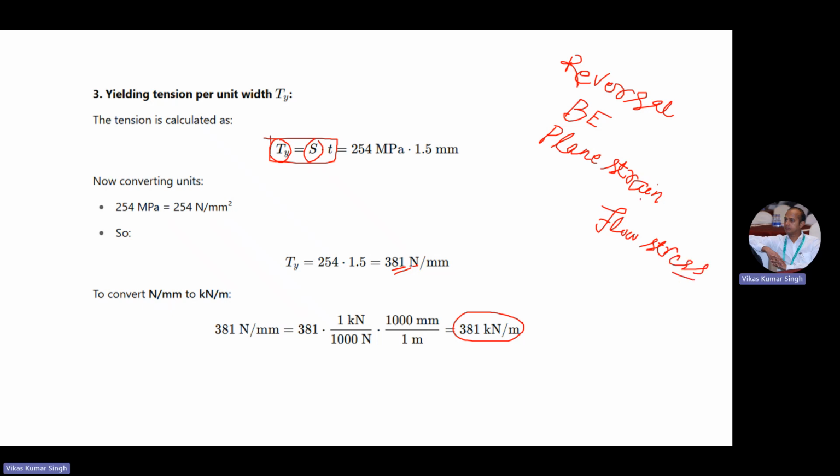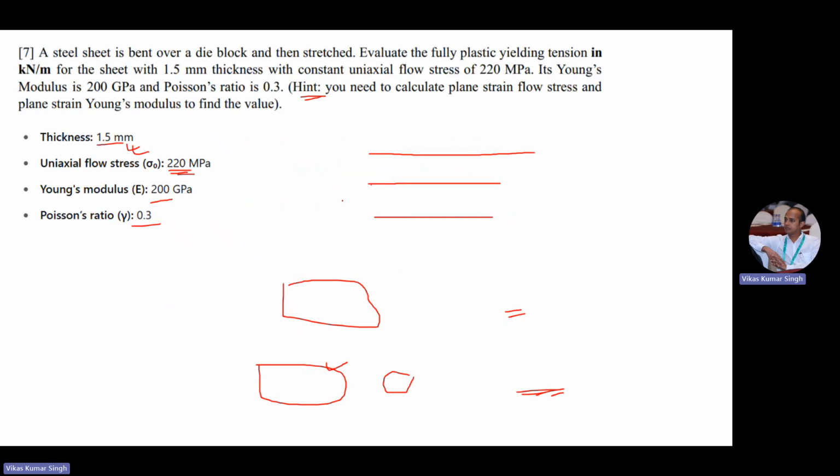And we learned about bending. If a sheet is bending, what type of strain, what type of deformation, will come away from the axial line, like membrane. The first question I am just telling here.